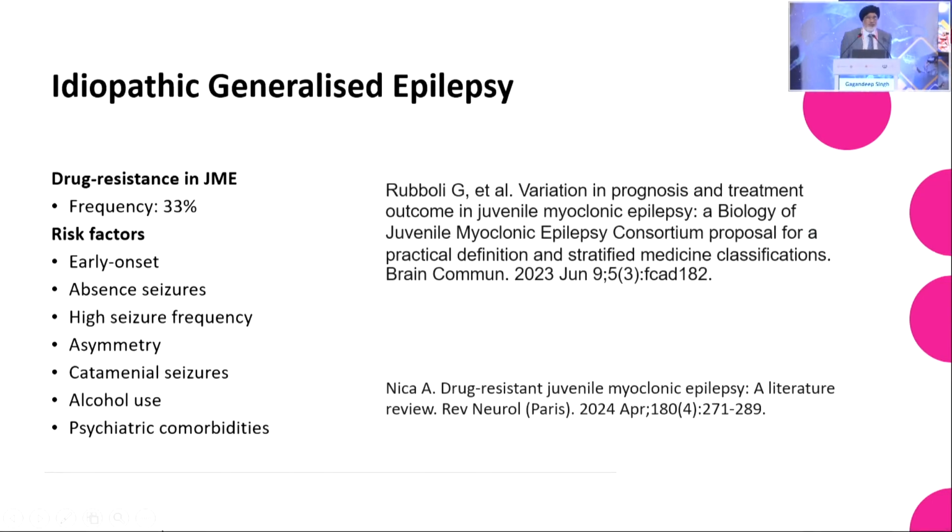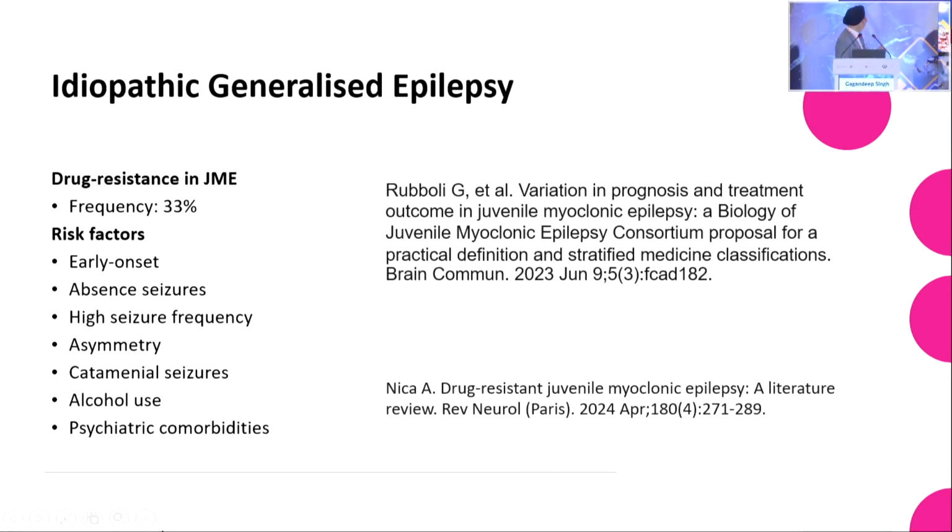But then there is this concept of drug resistance in idiopathic generalized epilepsy. We generally believe that idiopathic generalized epilepsy, the seizures are quite easy to control. But these are figures from different publications. The frequency of drug resistance, particularly in GME, is nearly to the tune of 30%. And these are some of the risk factors.